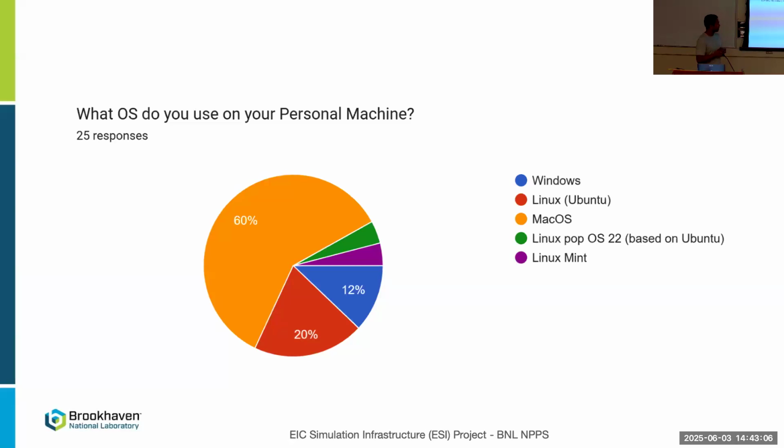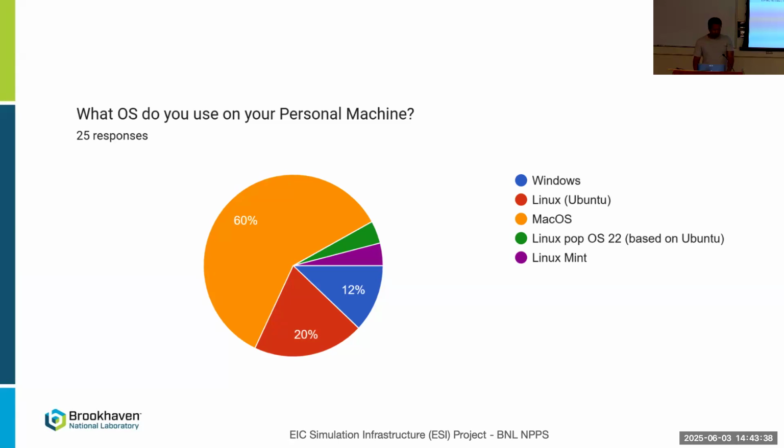It's good to have this because with our container, we had a little bit of difficulty on some Macs, but once people got their Docker working, it worked for most people. Is there anyone that used a Mac here and it didn't work for them? I think you had an issue where you had to pull it first and then run it, but it didn't work with the EIC shell directly.